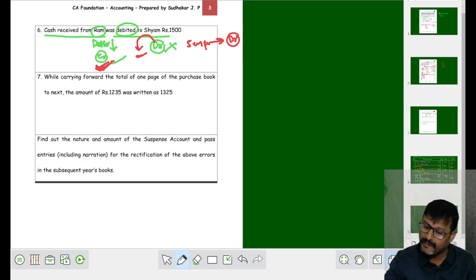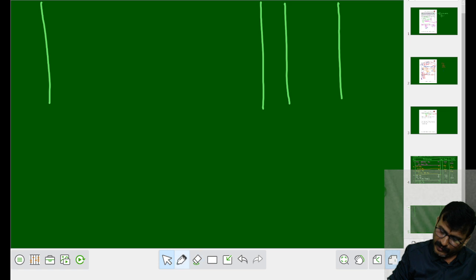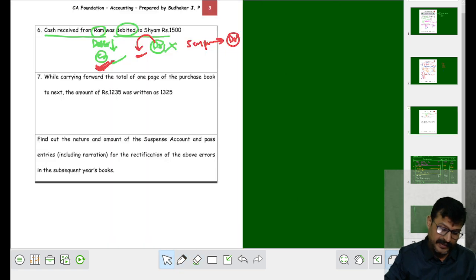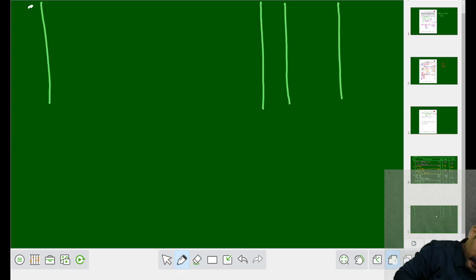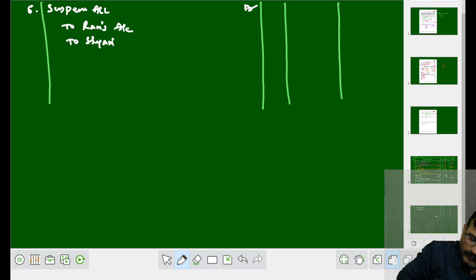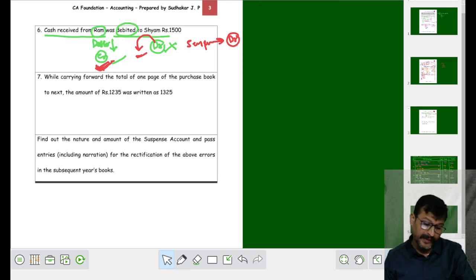Now the entry will be what? Entry number 6. Suspense account debit to Ram's account, to Sham's account. How much amount, my dear student?